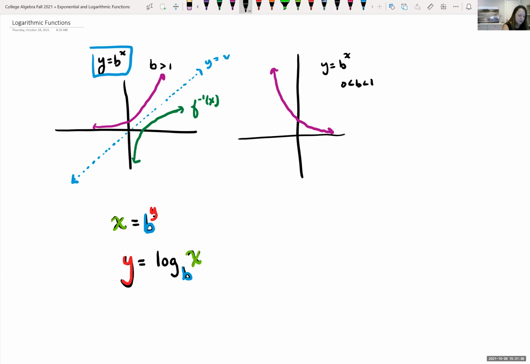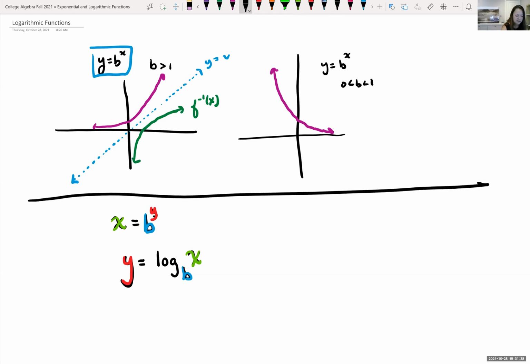Some stipulations have to hold true for this. Just like for our exponential function, our base had to be greater than 0 and couldn't be equal to 1. Remember, our domain and range are swapped for our function and its inverse.